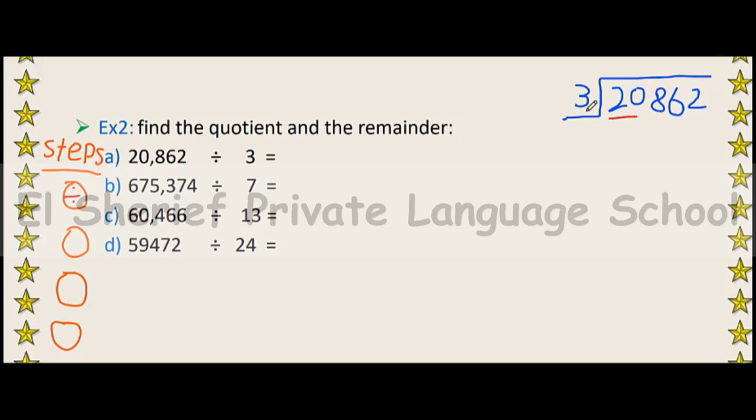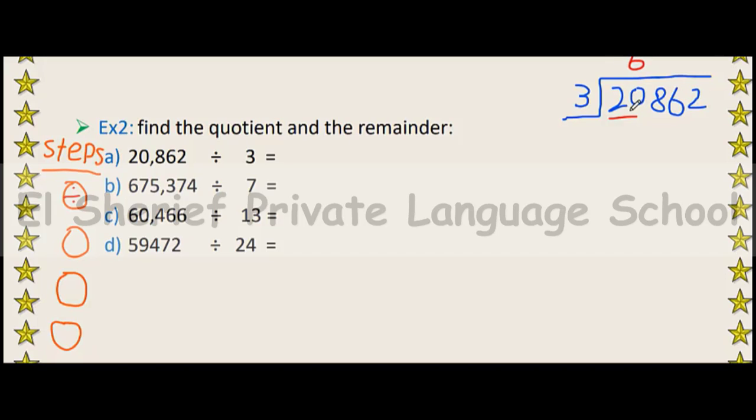So 20 divided by 3, what is the number times 3 that equals 20 or less than it? 6 times 3 equals 18, and 7 times 3 equals 21. So we must choose the number less than 20. So we will take 6.